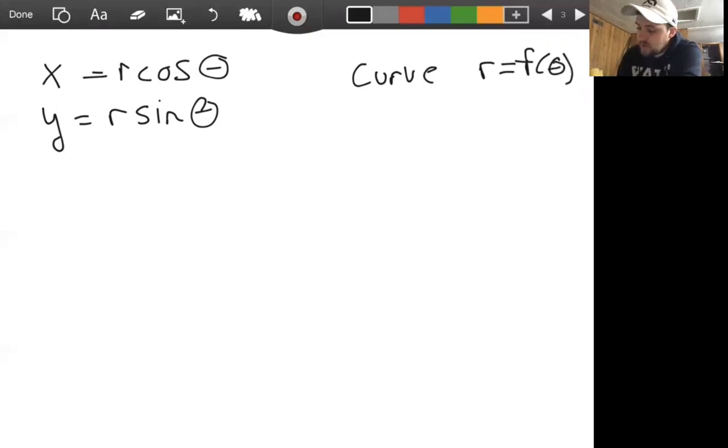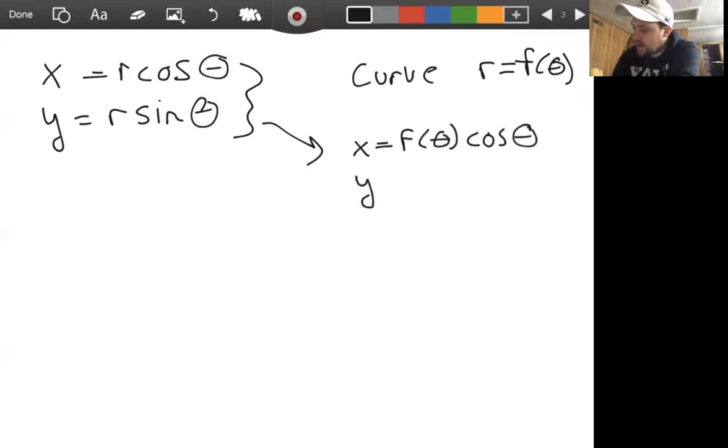So that means we can represent these conversion equations as x equals f of theta cosine theta and y equals f of theta sine theta.